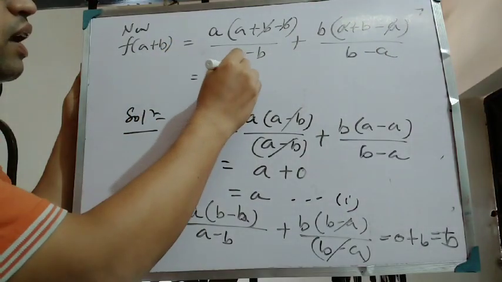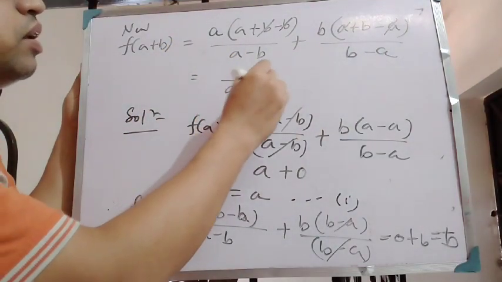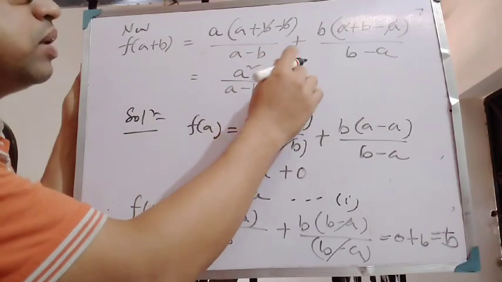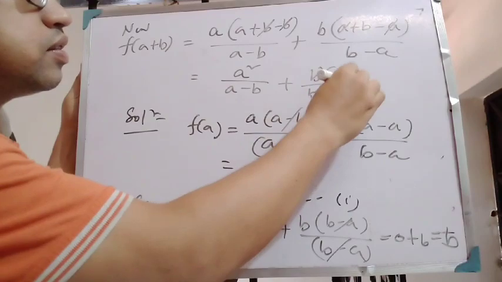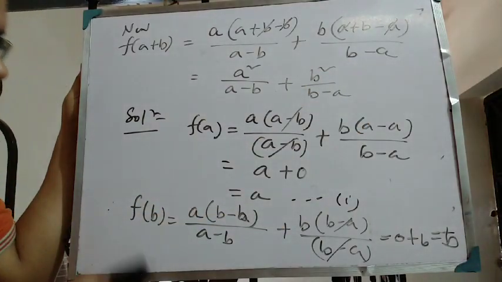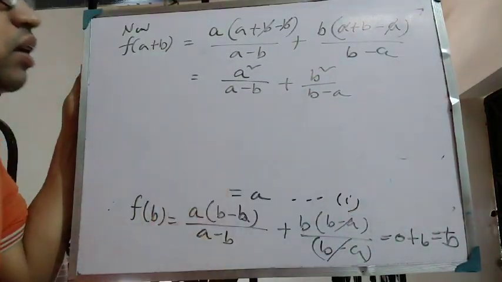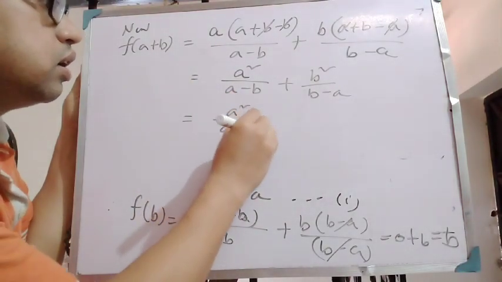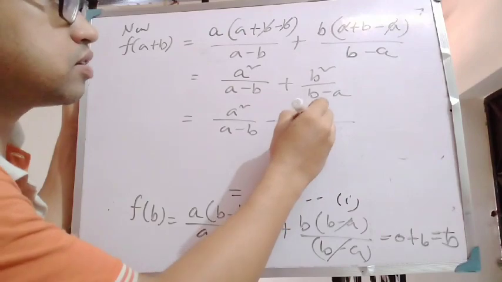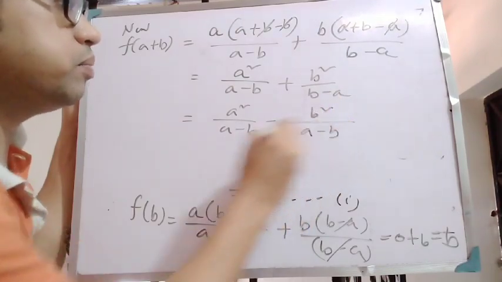What you will get? a square by (a minus b) plus b square by (b minus a). To make a common denominator, you can write this after taking minus as common, minus b square by (a minus b).